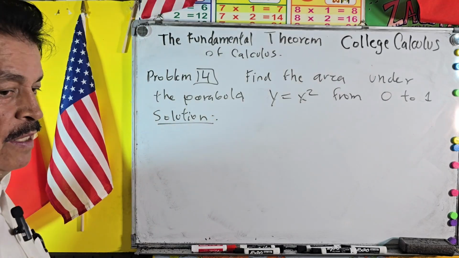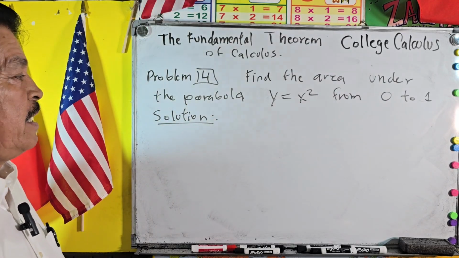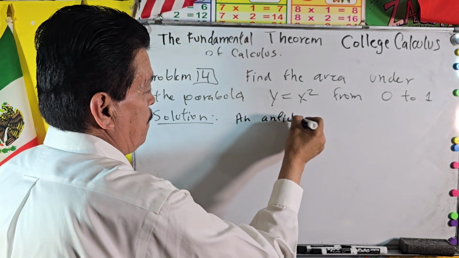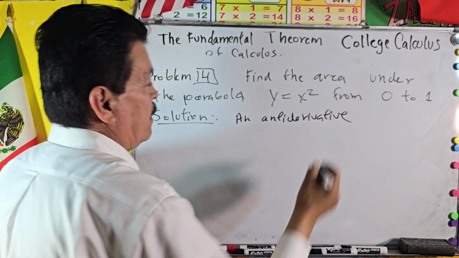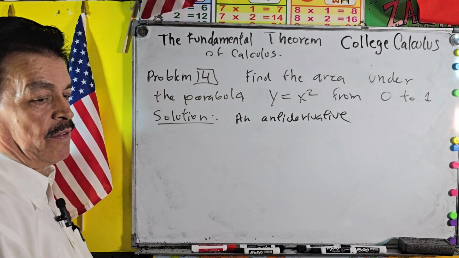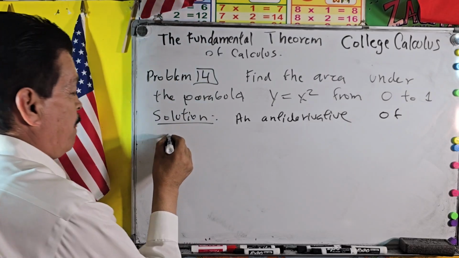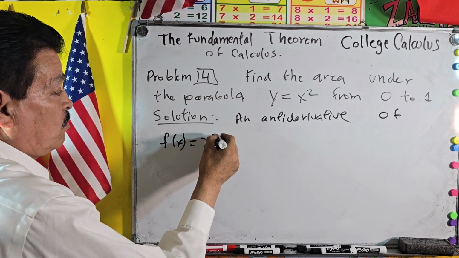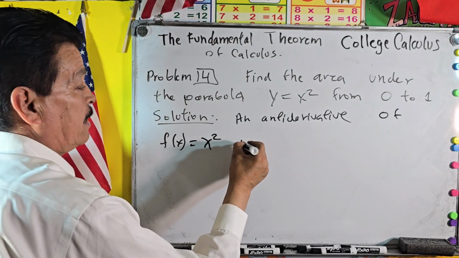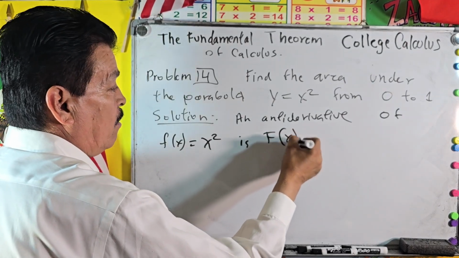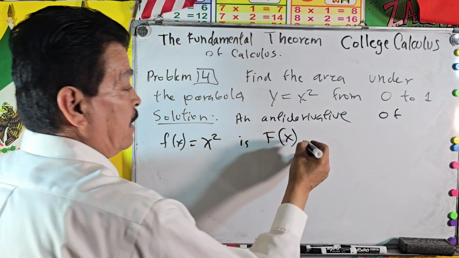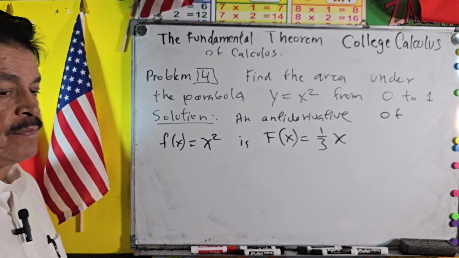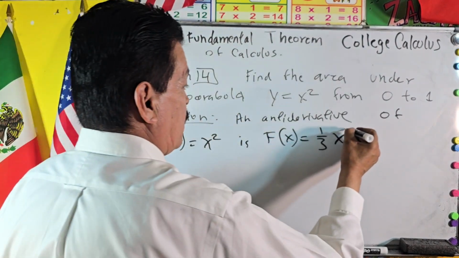I'll solve the problem step by step. An antiderivative of f of x equals x to the second power is capital F of x equals 1/3 x to the third power.